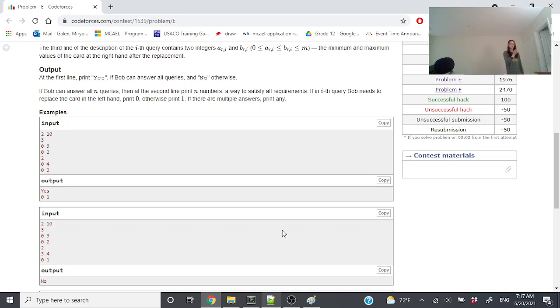So I want to see, if we put card X down on the left, when's the next time we need to replace it?